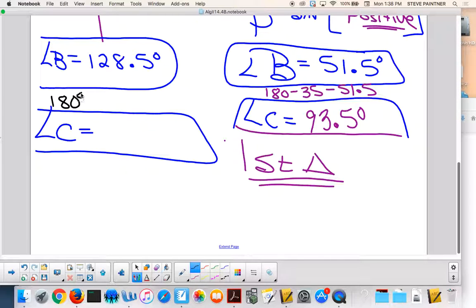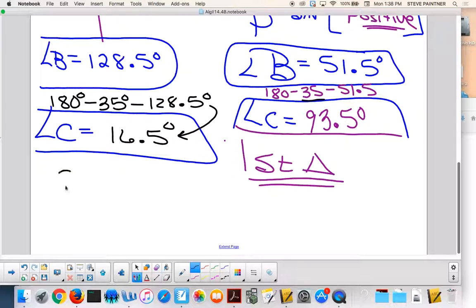Every triangle has 180 degrees in it, minus the 35, minus the new B. The new B is 128.5. Which leads me to believe angle C would be 16.5. Are there two triangles to this problem?